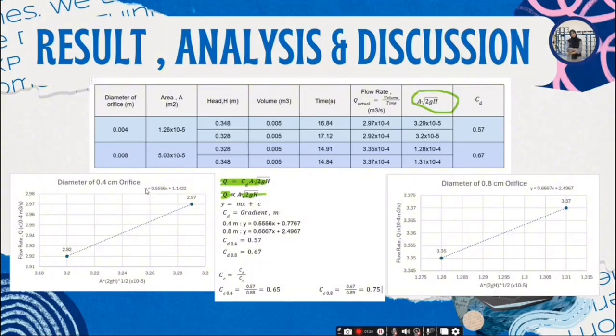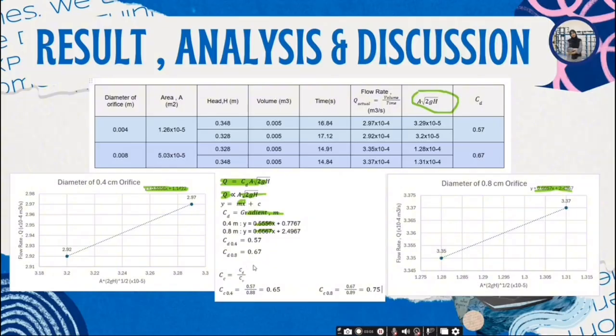By finding the trend line, we know that Cd is actually the gradient. So our coefficient of discharge is equal to the gradient m. For 0.4, we obtain 0.5556, and for 0.8, we obtain 0.6667. So the coefficient of discharge for 0.4 is 0.57, and for 0.8 it is 0.67.